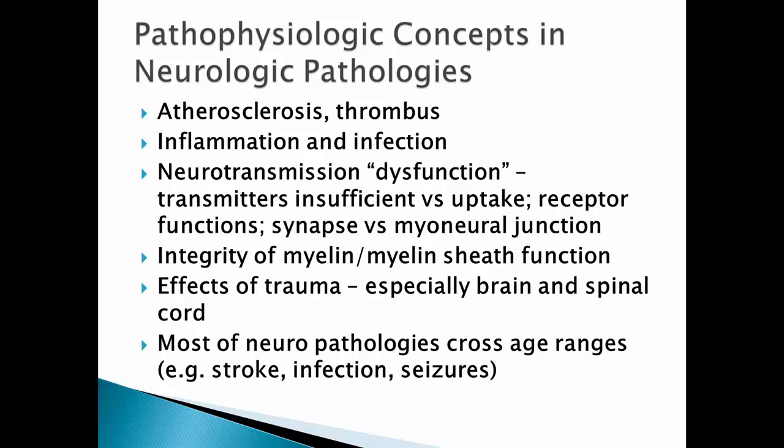And we know that anaerobic metabolism is not an efficient way of producing energy. Without oxygen, we will generally lose conscious awareness within 30 seconds. So think about the importance of O2 and the importance of a glucose supply to our brain cells as we talk about pathologies.